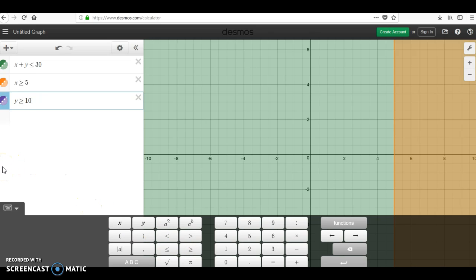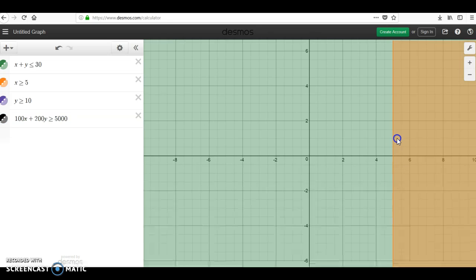And we also have 100X plus 200Y has to be less than or equal to 5,000. I know that we're in the first quadrant, but I can't quite see everything.